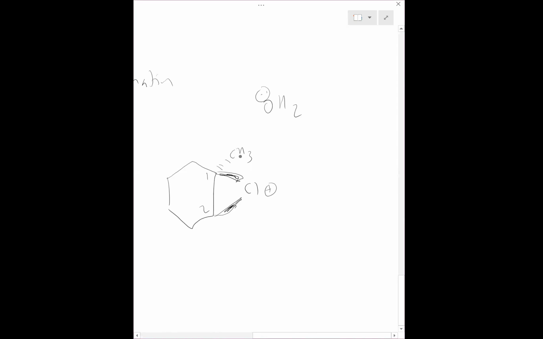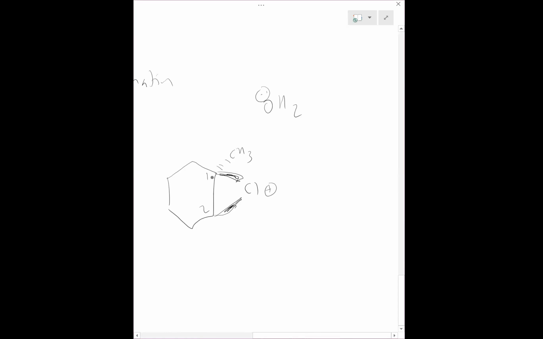Here, which side do you think is going to attack? Any ideas? Attack carbon 1 or carbon 2? What's the difference between carbon 1 and carbon 2?